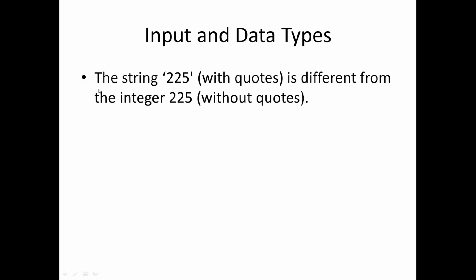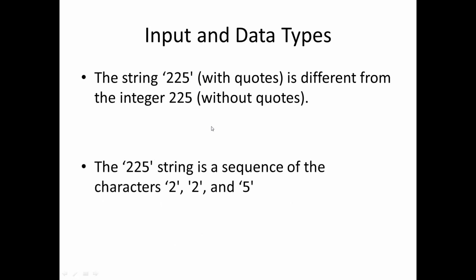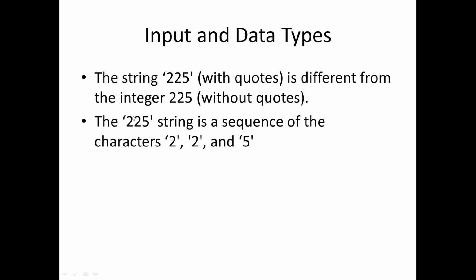To understand why we're using the int command in the program that we just started a moment ago, we need to understand input and data types. So when we enter a string like this with quotes, that's different from the actual number 225 without quotes. So 225 in a string is really a sequence of characters, 2, 2, and 5. Just like if we put single quote C-A-R single quote, that would be the word car as a string. But that is not a number.